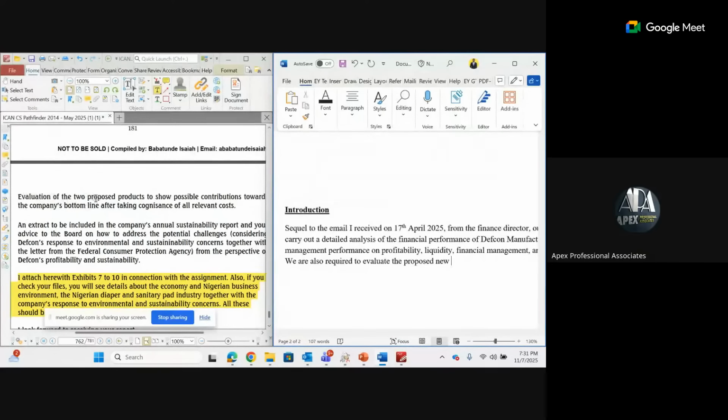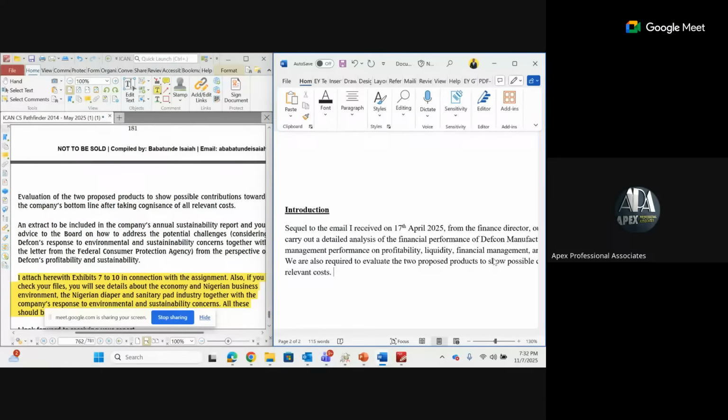Let me read the word they use: evaluation of the 2 proposed products, showing possible contributions, considering relevant costs.